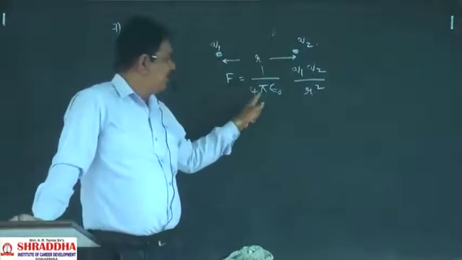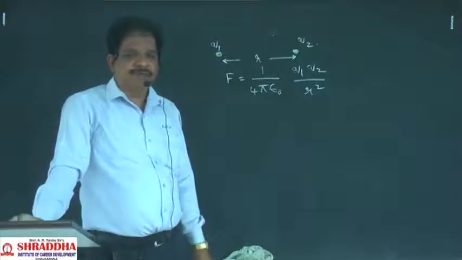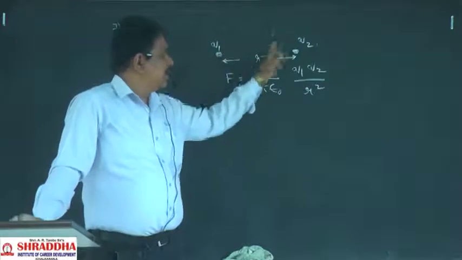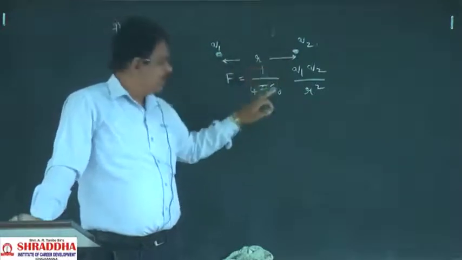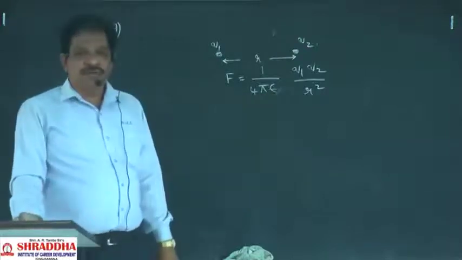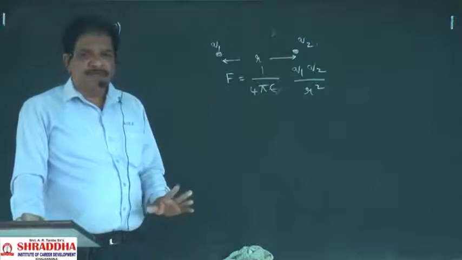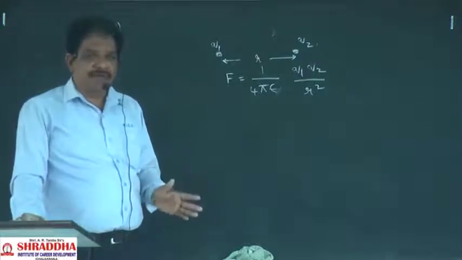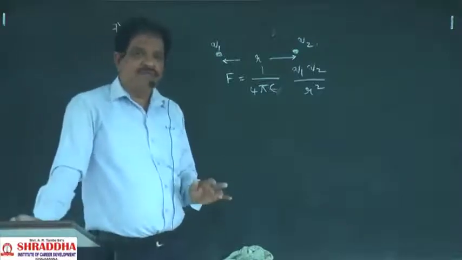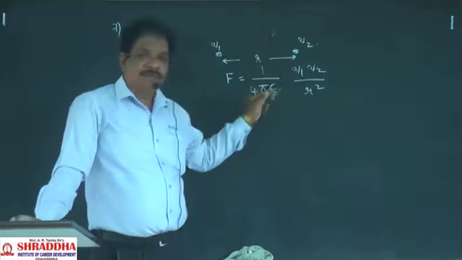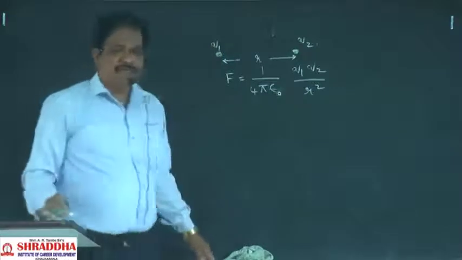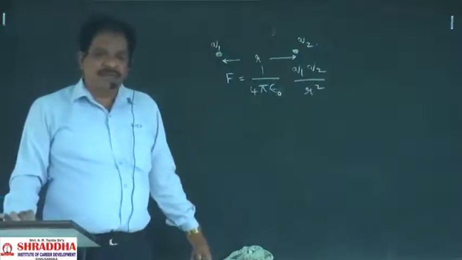If this is not air or vacuum, then we have to use 1 by 4 pi epsilon Q1 Q2 by R square. Epsilon and epsilon naught are called permittivity of medium and permittivity of vacuum, epsilon naught. They will have same dimensions.